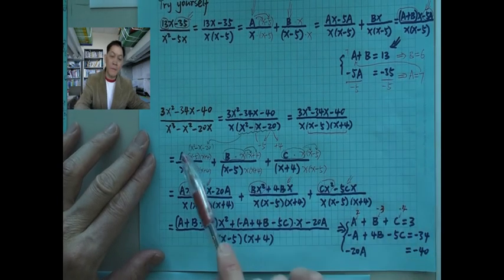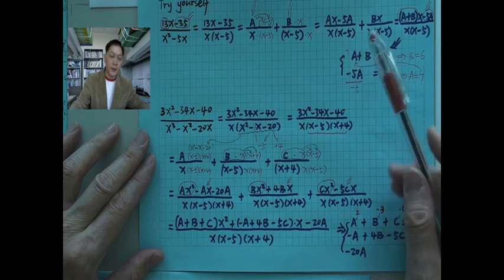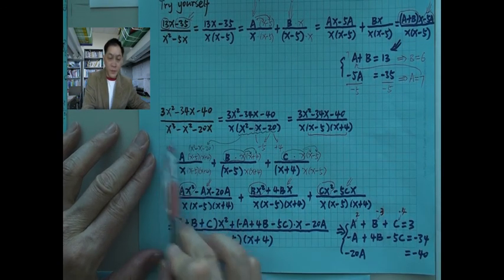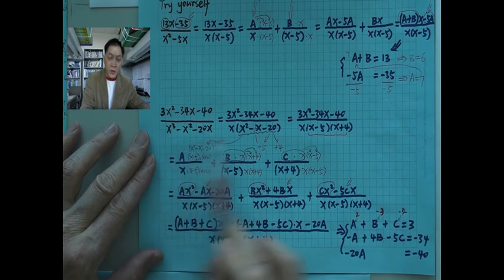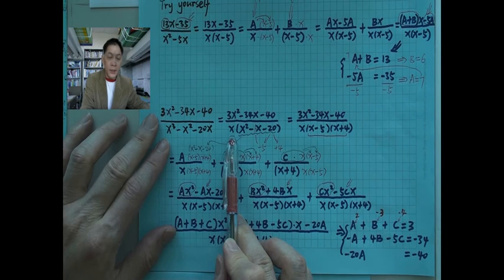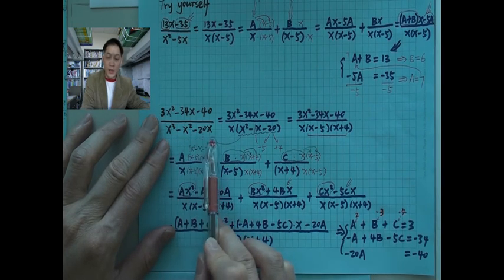Now the second one is a little bit complicated. Again, denominators, you need to factor it. They all have x, so you got to pull x out. Okay? And then it was x cubed minus x squared minus 20x.